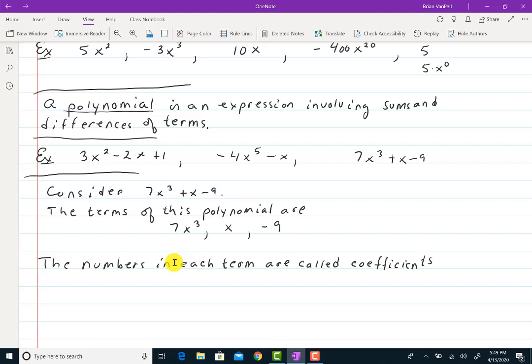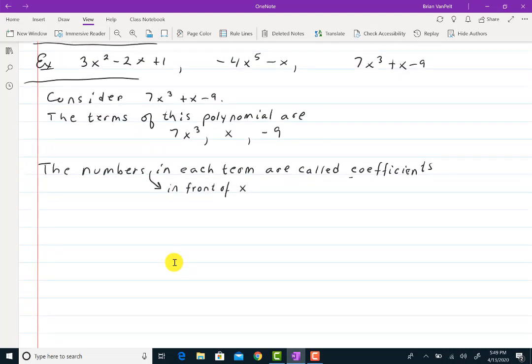Just saying the numbers that are in each term is not exactly the best way of saying it. Let's put it this way: the numbers in front of x, those are the things I'm talking about.